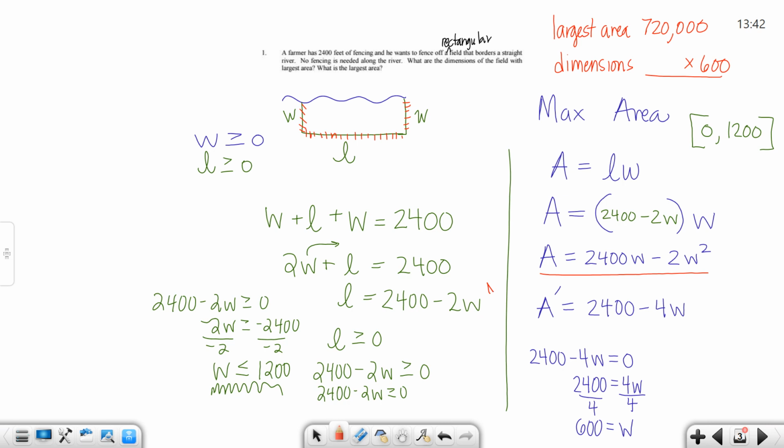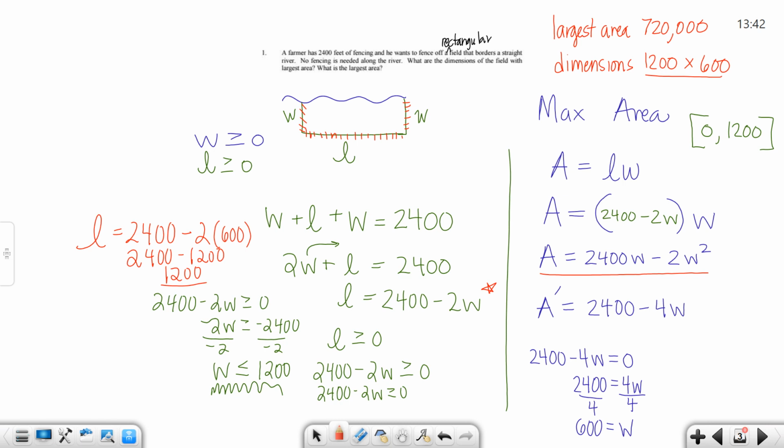Well, we can look back over here to find the length. The length equals 2400 minus 2W. Well, remember W here is 600. So 2400 minus 1200 would be 1200. So your length is 1200. So your dimensions are 1200 by 600 and your largest area is 720,000.